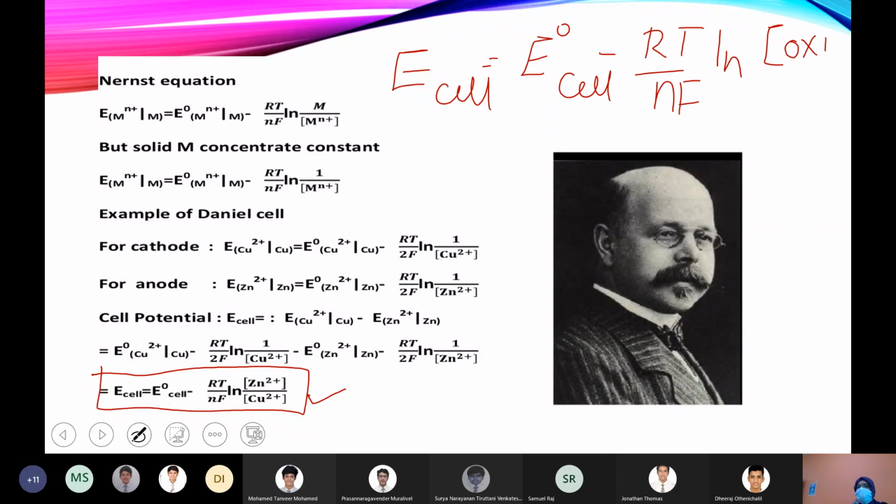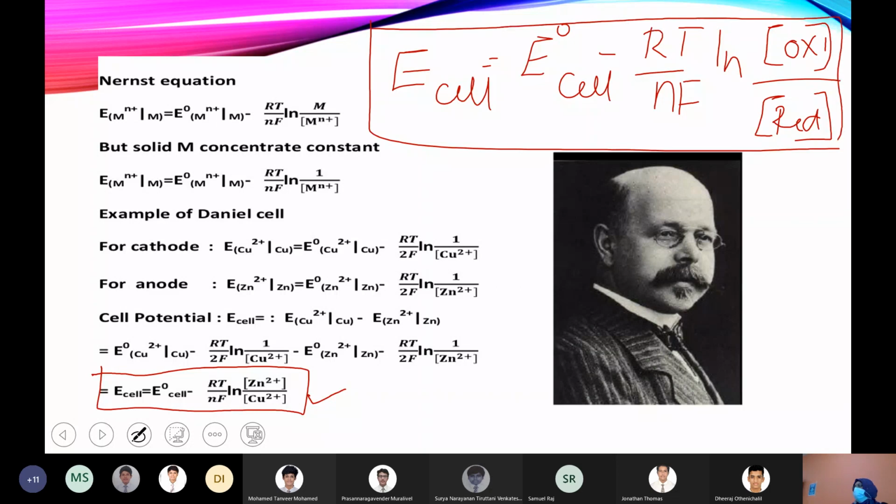Here in a Daniell cell, zinc is oxidizing, that is why zinc is on the top, and the concentration of reduced ions is at the bottom.